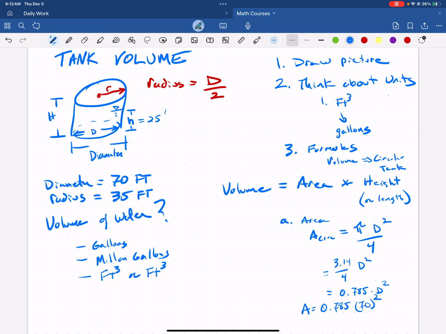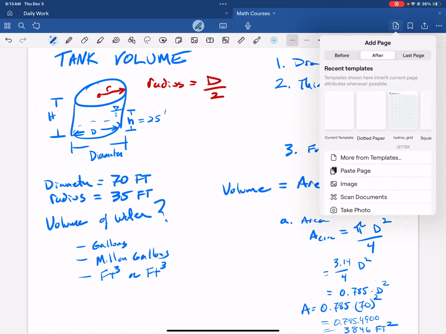So 70 squared is 4,900 feet squared times 0.785. This is going to be equal to, we're going to just call that 3,846. What? Feet squared, right?